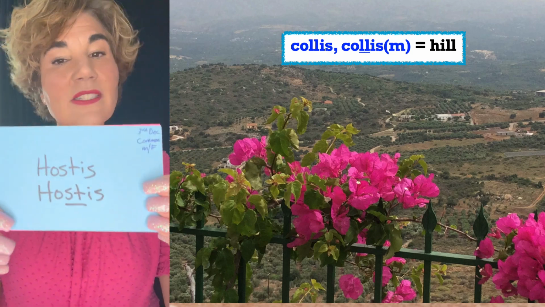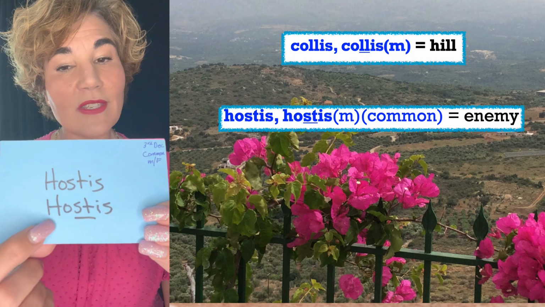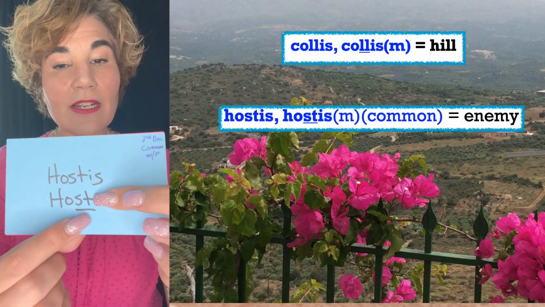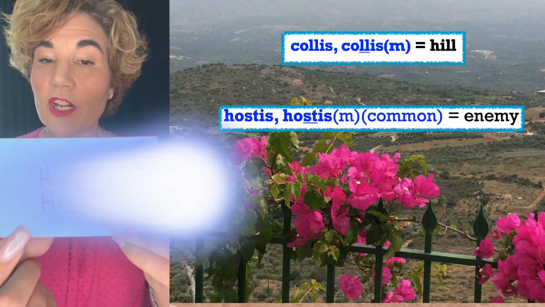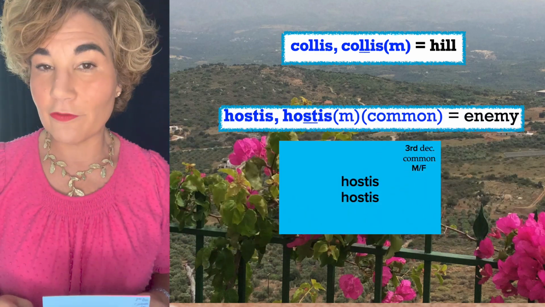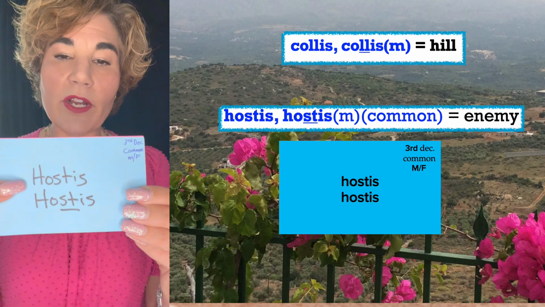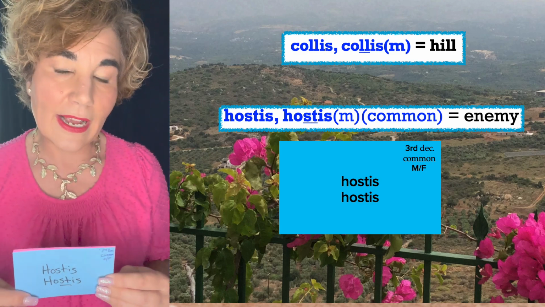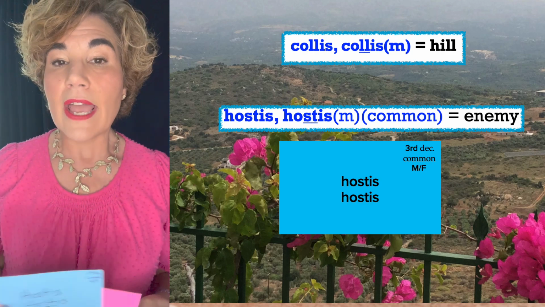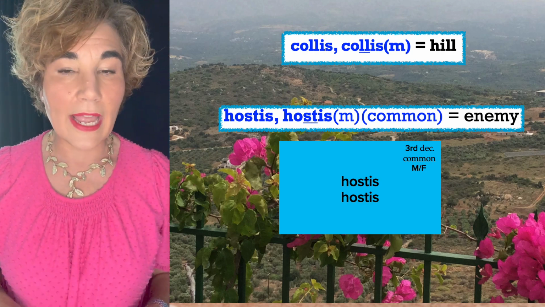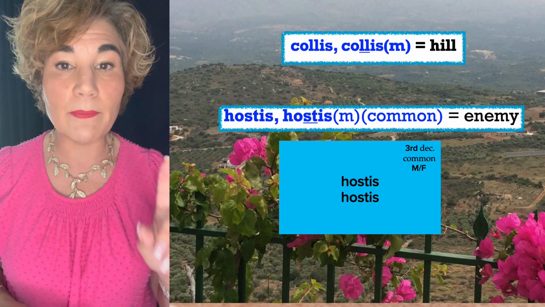All right, now it's another masculine word, and we have hostis, hostis. Cover the genitive ending, and we have two consonants once again, so we're going to use IUM in the genitive plural. Now this is a very weird word because if you look it up online, it actually says it's common, not masculine, which I have it as. The reason is some words in Latin are common, not many, but some.